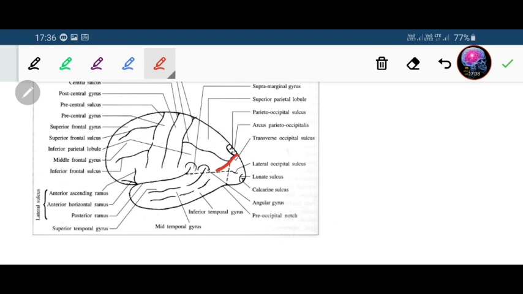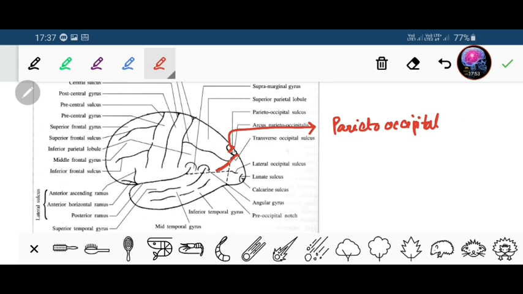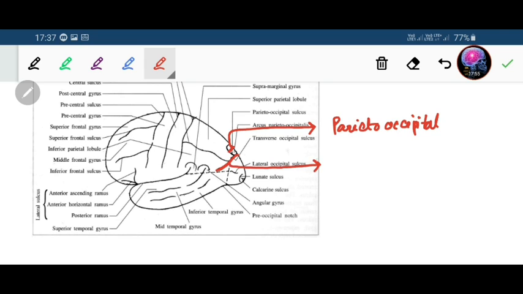That is the transverse occipital sulcus, a little bit behind the parieto-occipital sulcus, a sulcus that intervenes between the parietal lobe in front and occipital lobe behind. A little bit behind it, there is the transverse occipital sulcus.